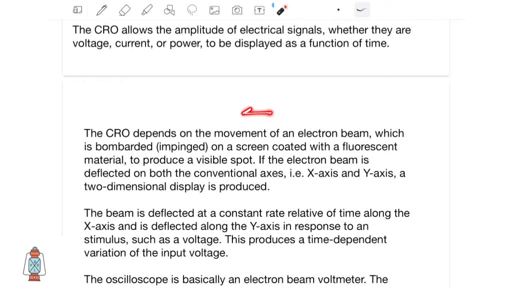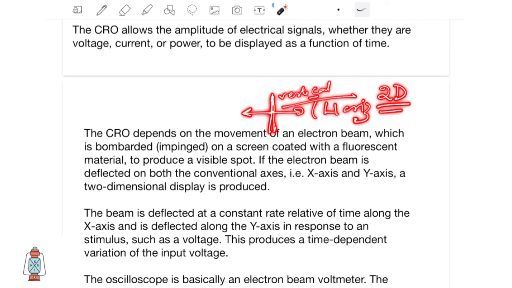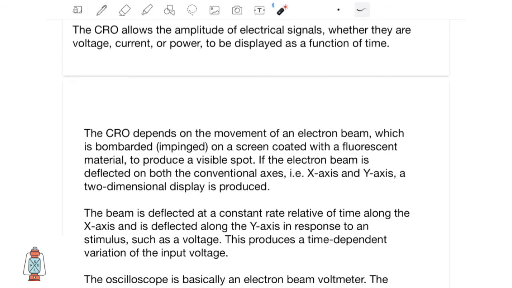So if the electron moves this side or this side, this is the horizontal axis. But if the electron beam moves up and down, this is the vertical axis. So here on screen you can actually get the 2D plot, two-dimensional plot of your waveform display. So a 2D plot can be easily obtained.